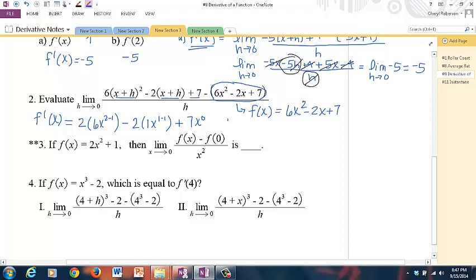So f prime of x, once we simplify all this, is going to be 12x minus 2. And if we worked out all of this and went through and multiplied and distributed, we would have ended up with this same slope generator or derivative value.